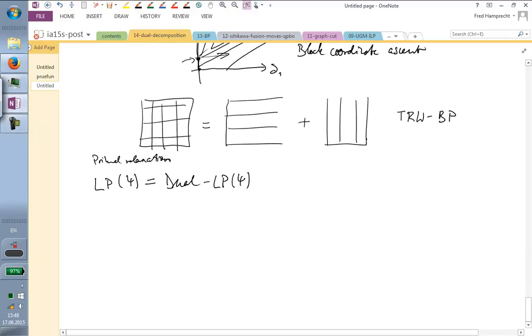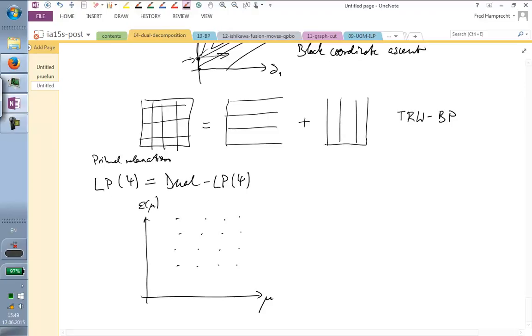In terms of geometry, what this means is that we have, on the one hand, the space of our variables mu, in which we had defined an energy, and we have some integrality constraint, and the MAP solution will give us one of these integral solutions.